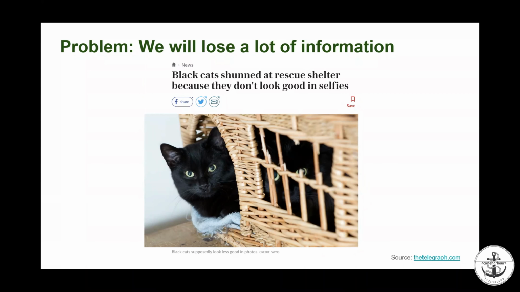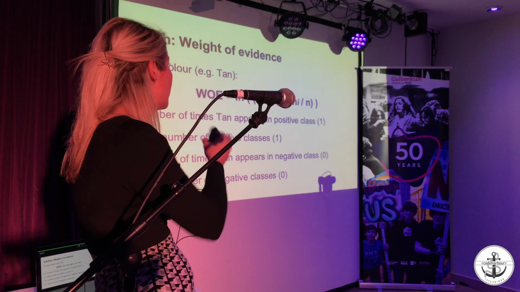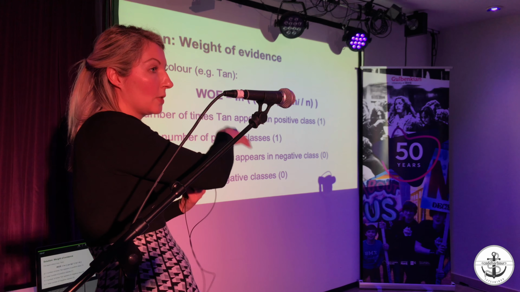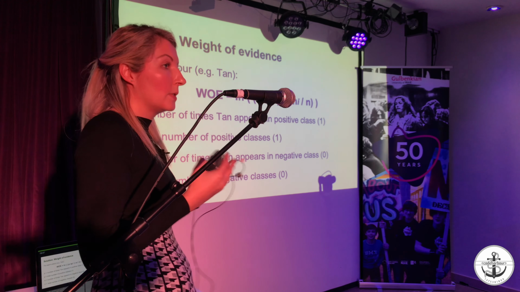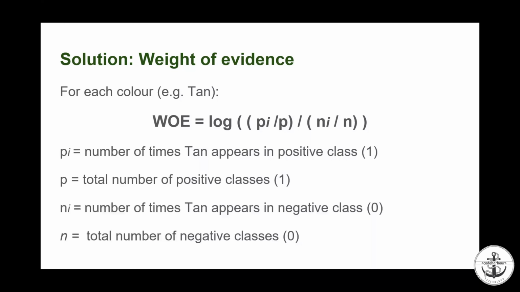So there are solutions for that. One solution is called weight of evidence. What we're doing here is producing the relationship between the variable and the predictor, or the class that we're trying to predict. For example, if we take tan as an example, it produces a number that describes the distribution of tan in the positive class over the distribution of tan in the negative class, showing that relationship.